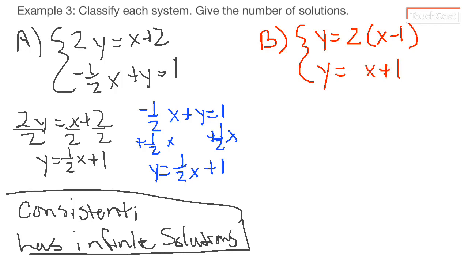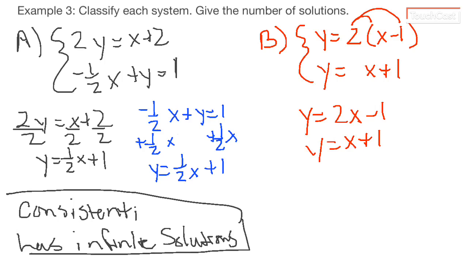So with this first one, let's start by distributing our 2. Get rid of any parentheses. We're going to have y equals 2x minus 1 and y equals x plus 1. We're just rewriting the system.